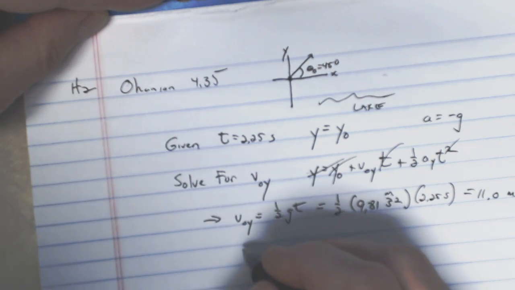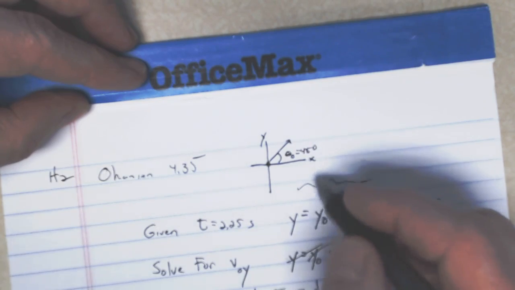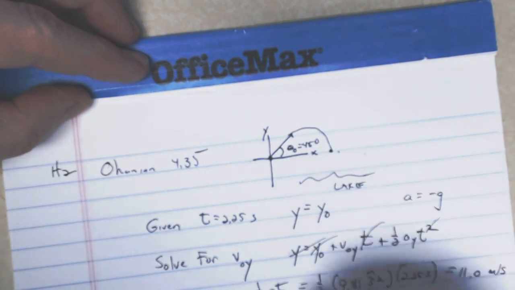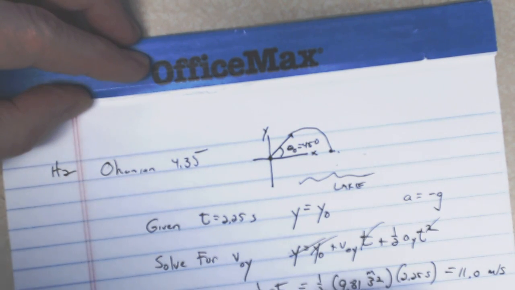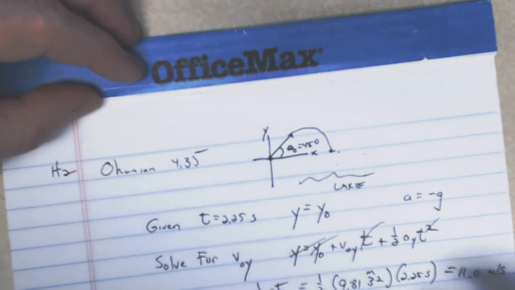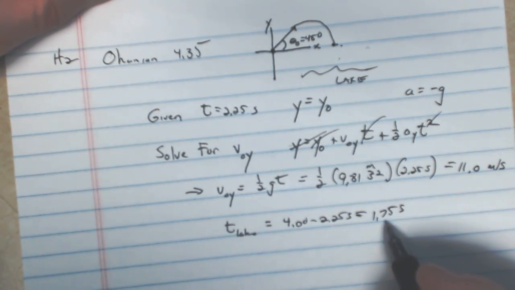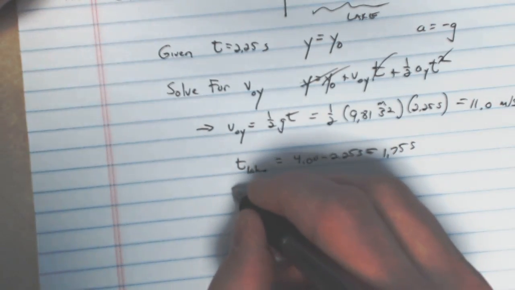The time to fall to the lake from the point where it comes back down to here, okay, it's 2.25 seconds to here, but the time from here down to the lake is just going to be 4.00 seconds minus 2.25 seconds. So it's falling below the original height for 1.75 seconds. And so this is just like a problem where you're told how long it takes to fall given the initial downward throw.